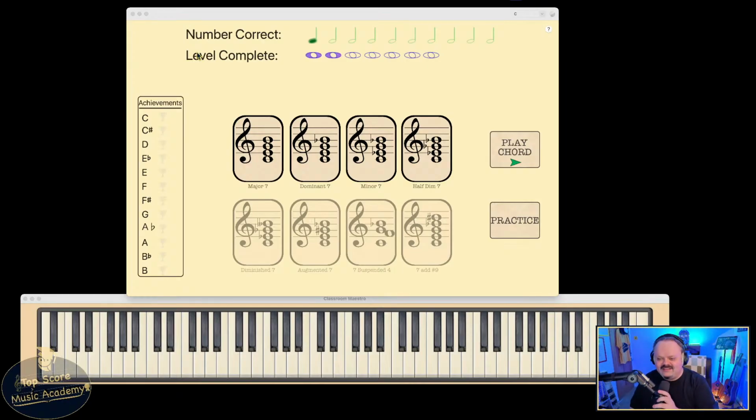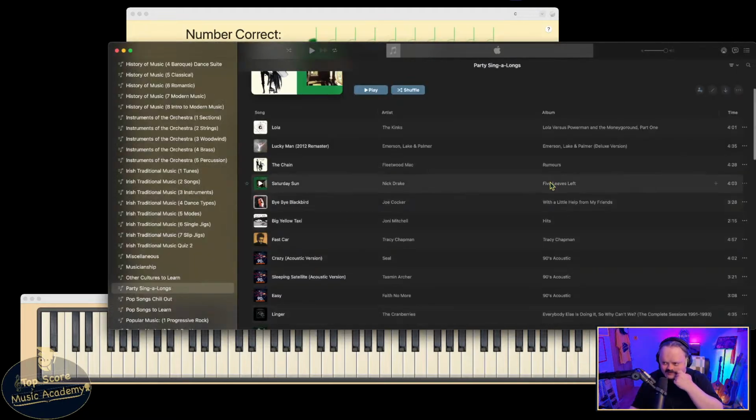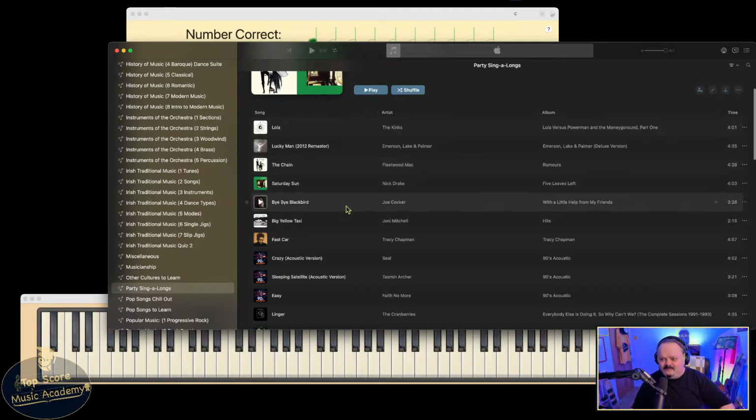So there's pieces like that. Now, I couldn't remember the name of the piece because I'm terrible with names. Anyone who's come to my Tuesday night practice for Irish trad music will know that I am useless when it comes to names for tunes. But for that particular one, I can hear the sound: Joe Cocker, Bye Bye Blackbird, which is hard enough for me to say. So definitely worth checking it out, guys. Not going to play it. It's from the album With a Little Help from My Friends, Bye Bye Blackbird.